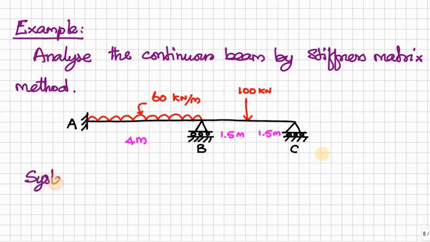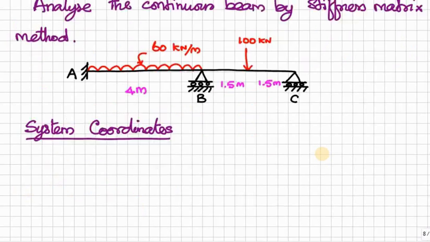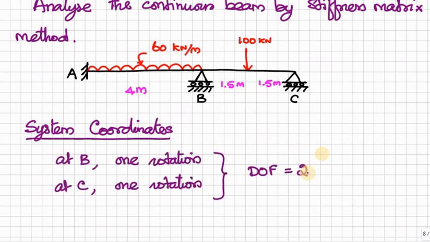Therefore, the first step in the stiffness matrix method is the system coordinate, where we do everything regarding degrees of freedom. Once we have identified the degrees of freedom, next we have to assign a unique number starting from 1 to those degrees of freedom.